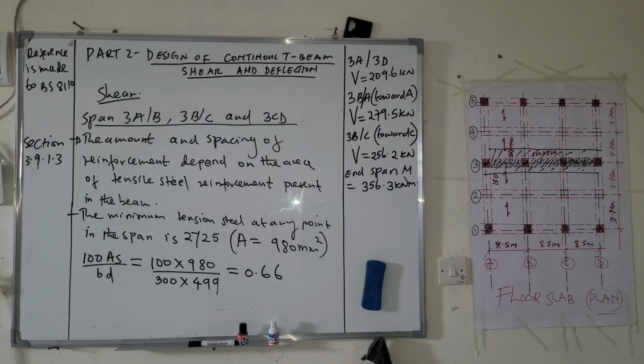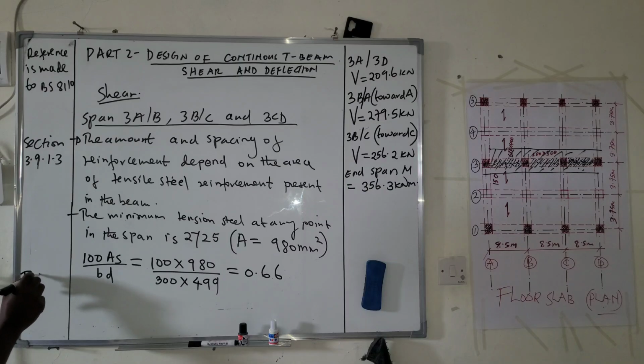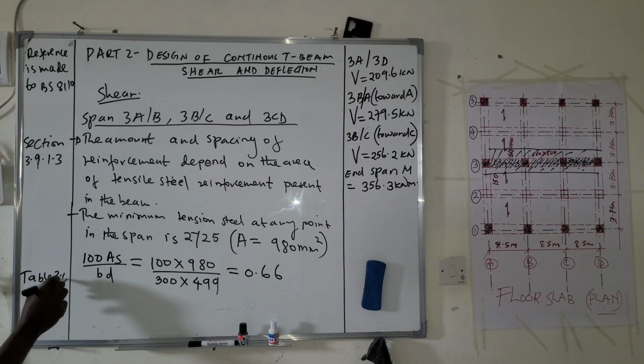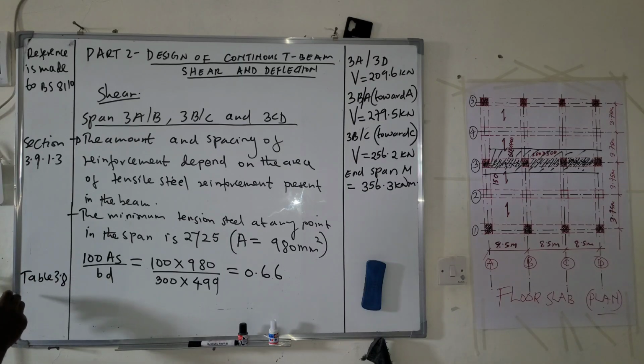So after obtaining this value, 0.66, you will proceed to table 3.8 of BS 110, such that you can obtain your Vc. So in this table, I will show you the table.